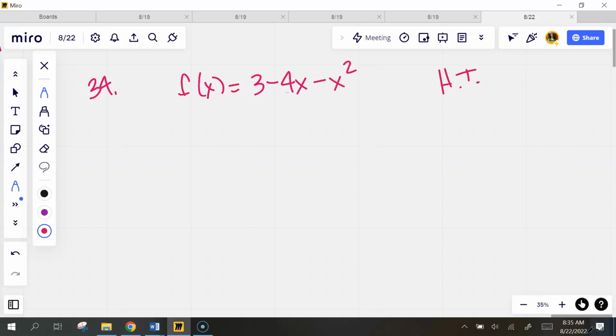So I'm looking for a horizontal tangent. What does that mean to be a horizontal tangent? Slope, straight line across. What does that mean about the slope? What's the slope of a horizontal line? So if I'm talking about a horizontal line, that has a slope of 0.